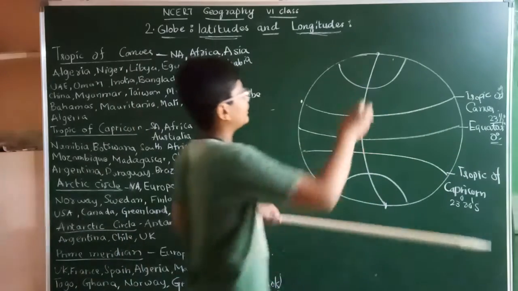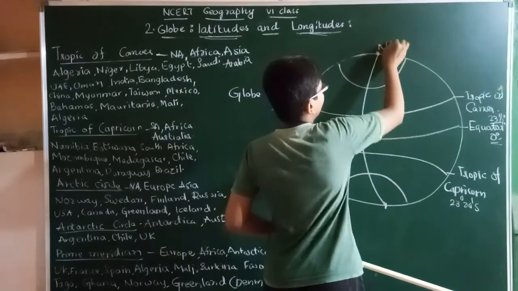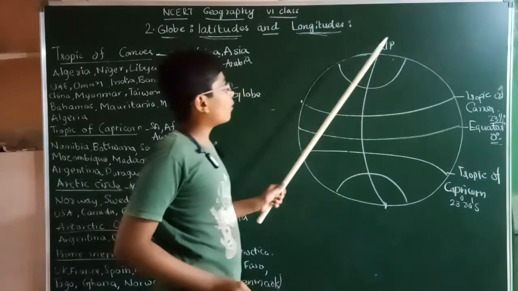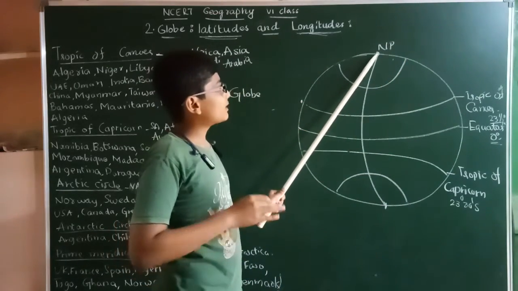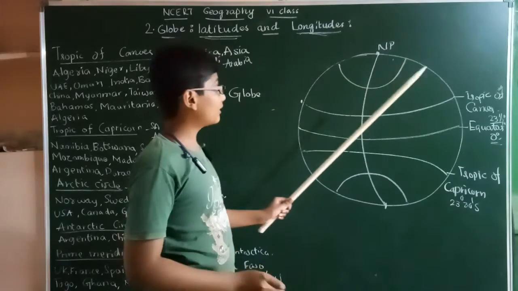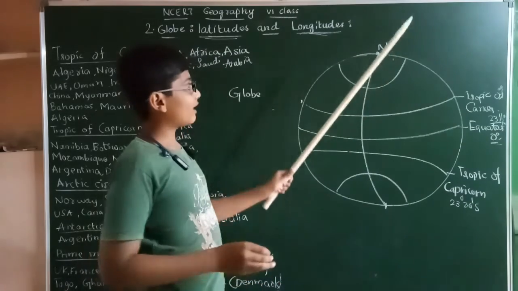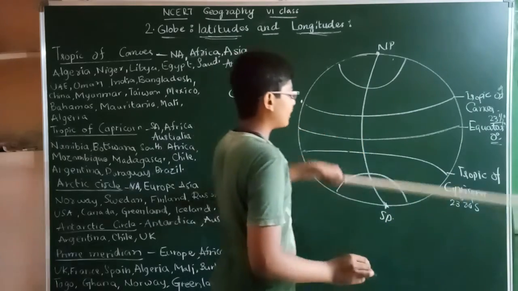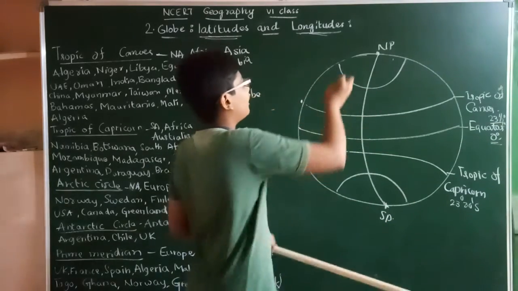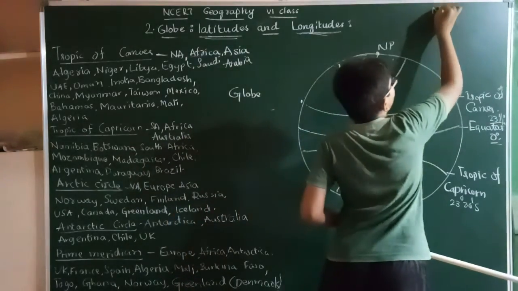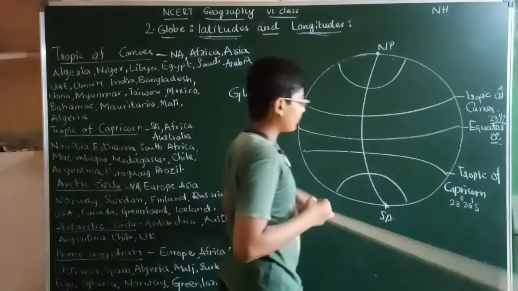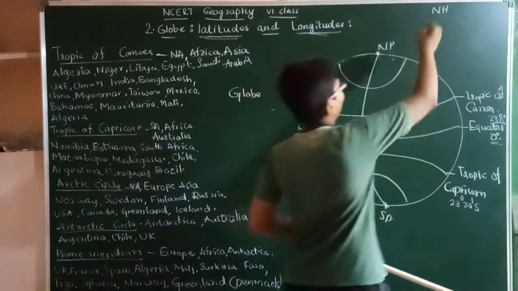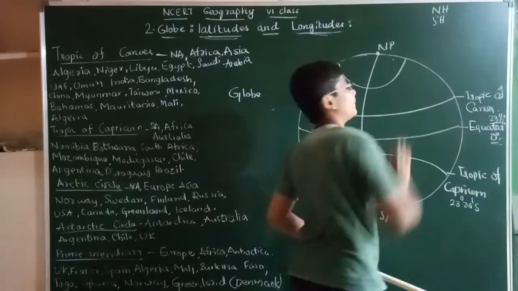Now here, this is the North Pole. What is the North Pole? The last point on the surface of the earth on the north side is known as the North Pole, and this is the South Pole. From the Equator to the North Pole we call it the Northern Hemisphere, and from the Equator to the South Pole we call it the Southern Hemisphere.